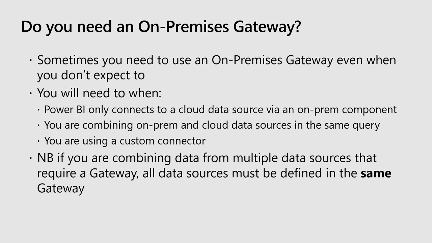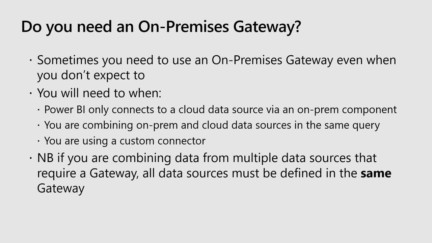For example, also, if you're combining data from a cloud-based data source and an on-premises data source, and by combine, I mean a merge, for example, inside a single Power BI Power Query query, where you're doing a SQL-like join between two different data sources, that has to happen in the same Power Query execution, which, if you're getting data from an on-premises data source, has to be on-premises.